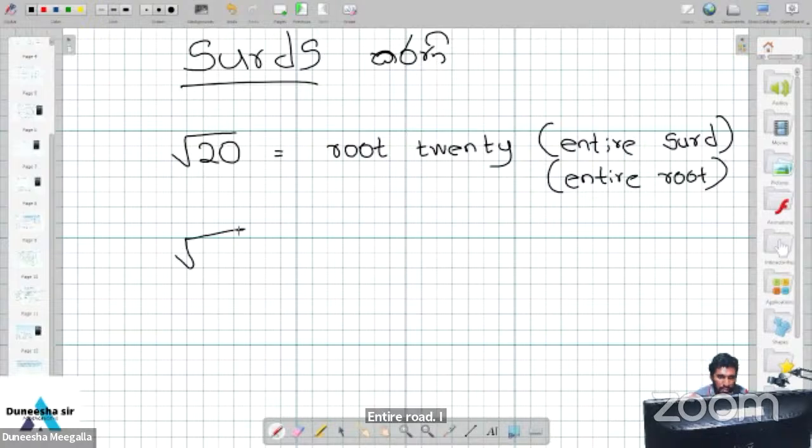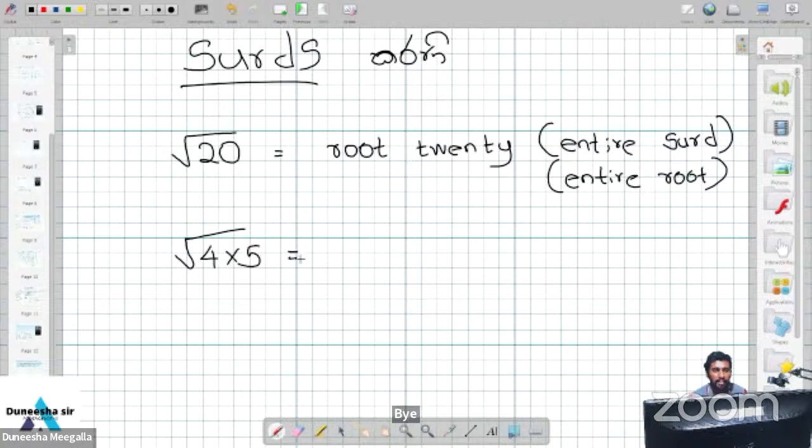Then how can we write 20 as a product of two numbers? What are they? Say 20 as a product of two numbers. Can you tell me? 4 times 5.